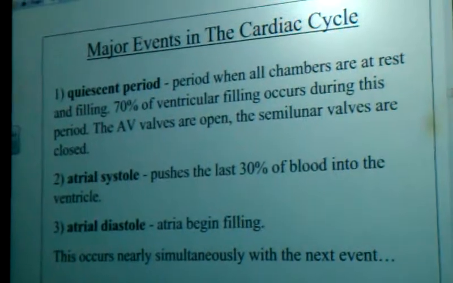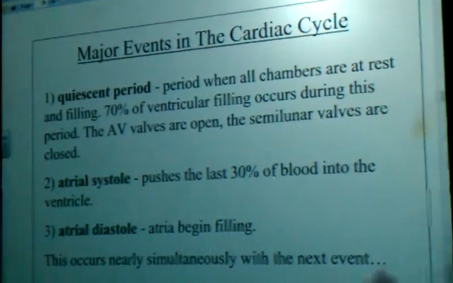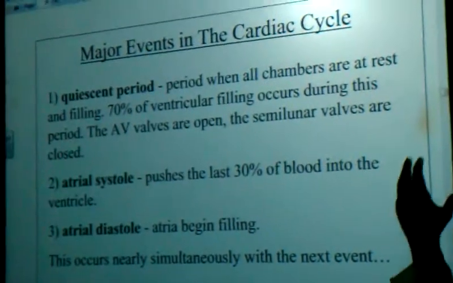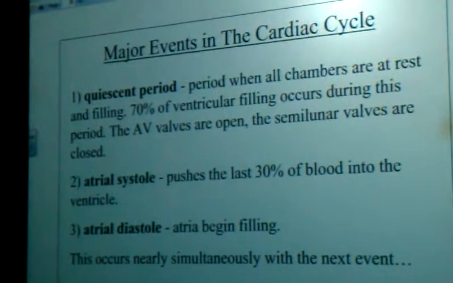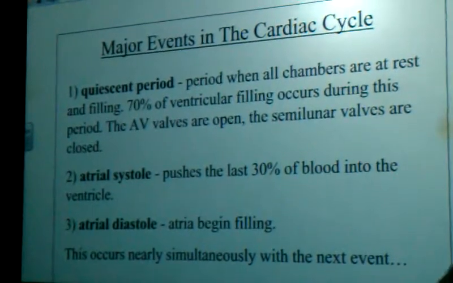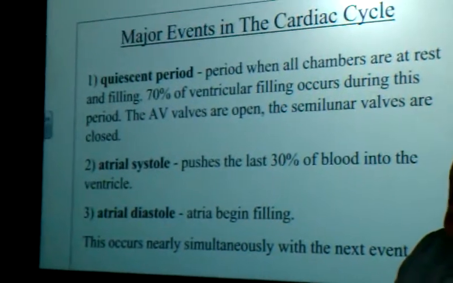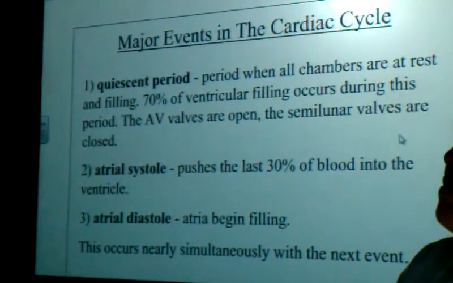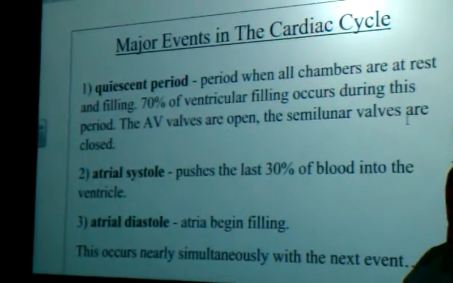Blood just gets dumped into the atria from all those veins, and then it immediately leaves the atria through the open AV valves and fills up the ventricles. At this time, our AV valves are open, but our semilunar valves are closed. So just remember that.